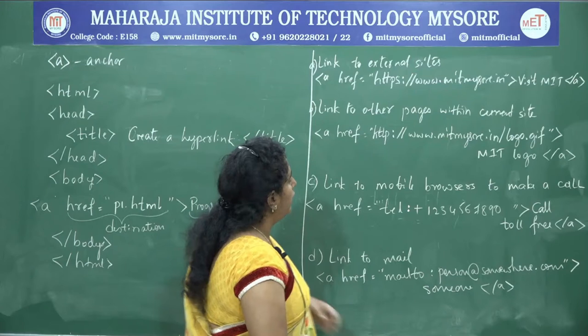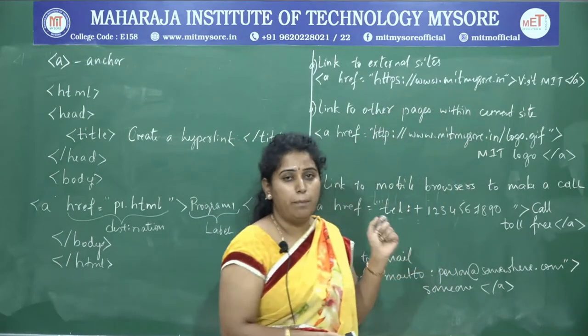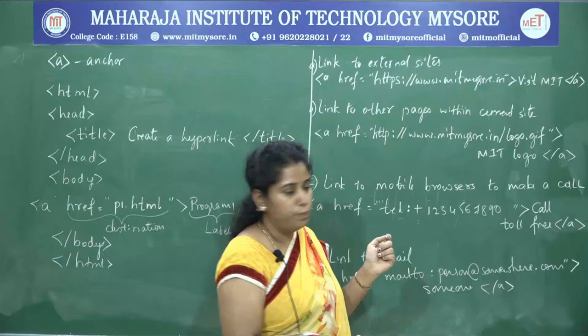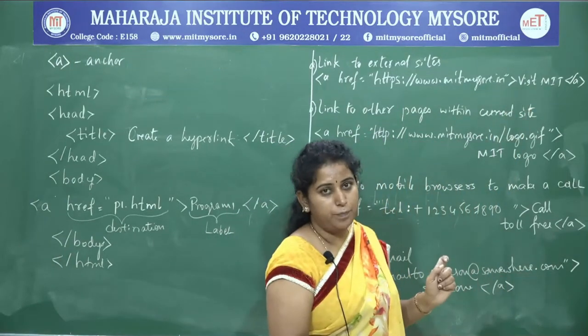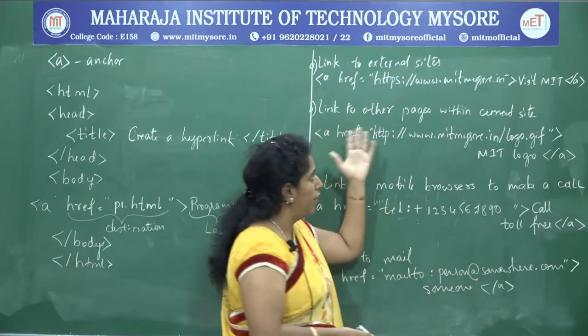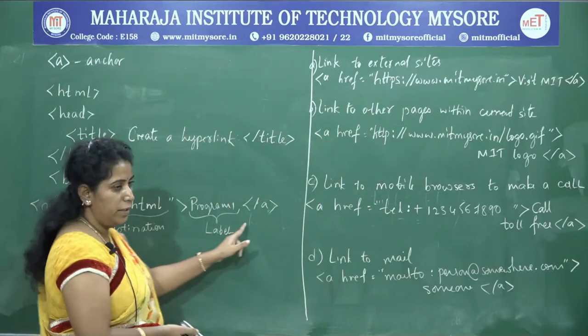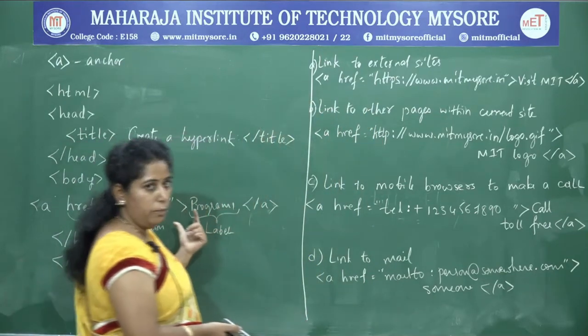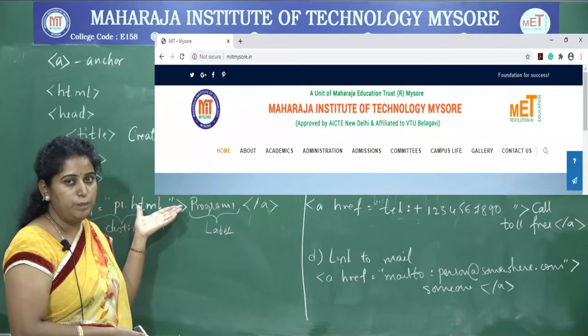What is that external site I am providing? I am going to visit the www.mitmysore.in web page. So there I have given a label name called Visit MIT. So if I put this statement instead of this statement, you can notice the output, how it is working.